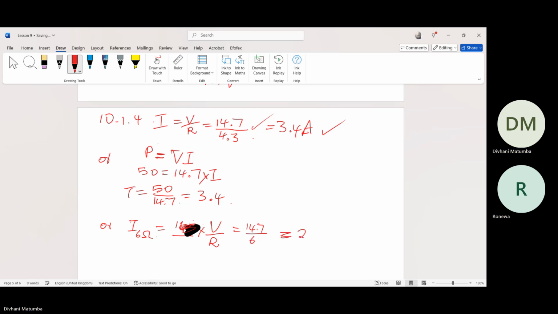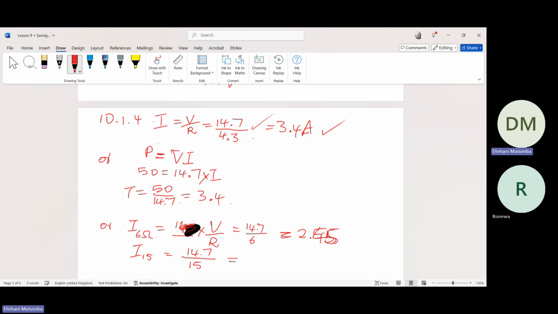2.5. Let me say 2.45, because I'm scared of rounding up too early before we get our answer. No problem. Then I for the 15 ohm will give you 14.7 divided by the resistance, 15.